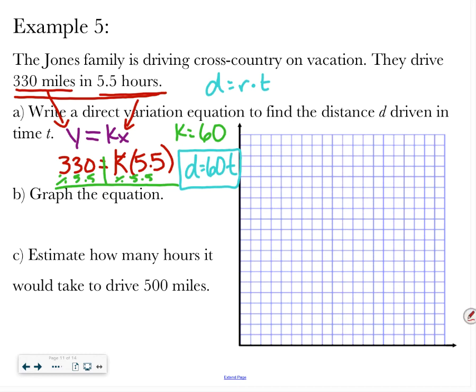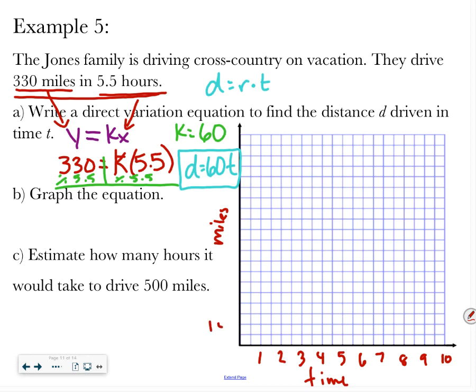Now, if we want to graph this equation, as we mentioned, time is always going to be our x-axis, so we can say time is over here, and then miles, or distance, is going to be over there. I'm going to quickly label my graph so that way I can determine what things should be.